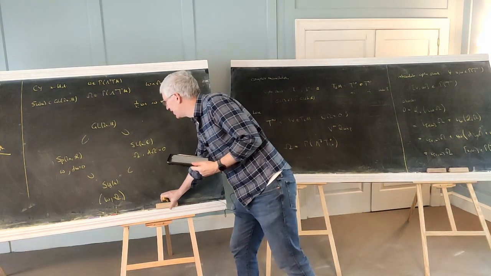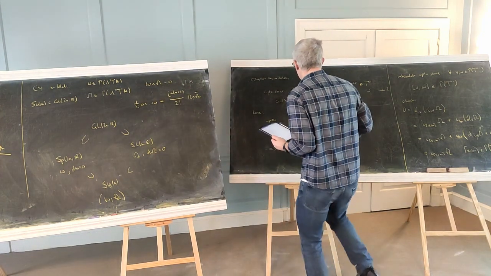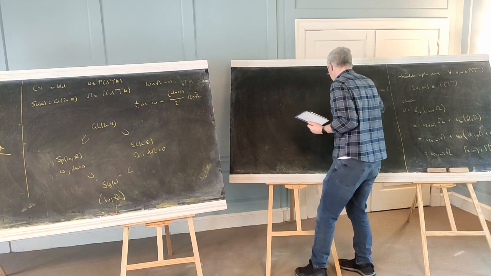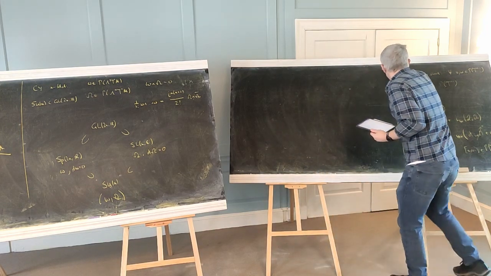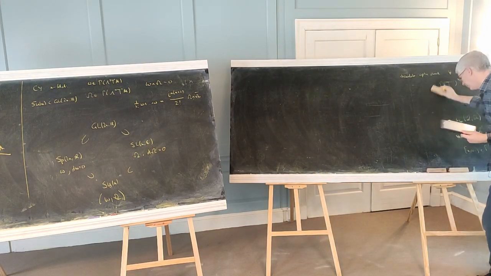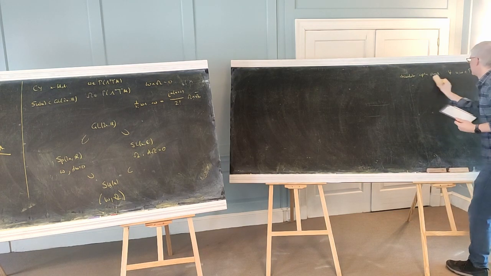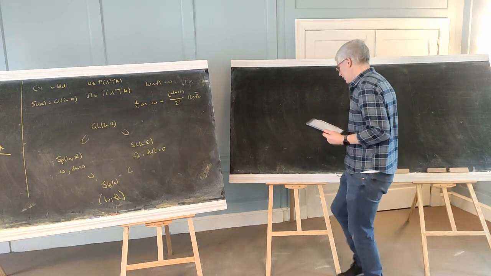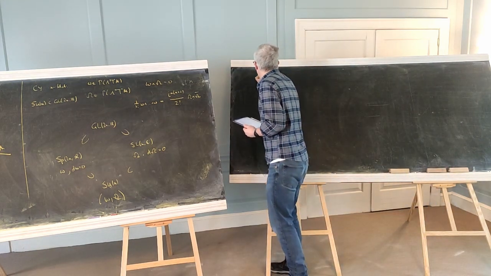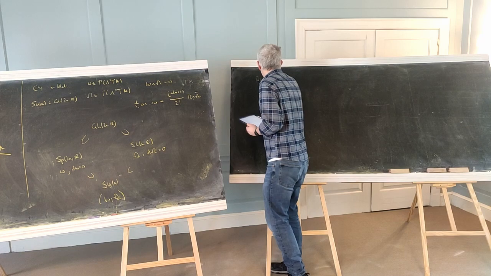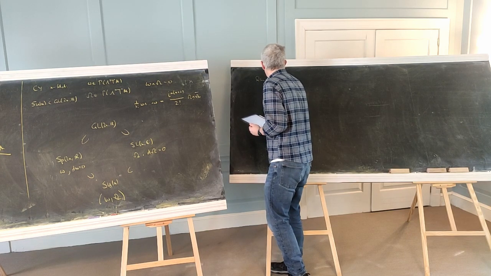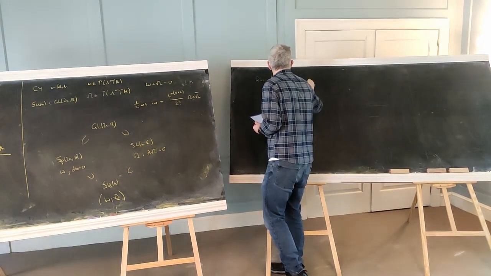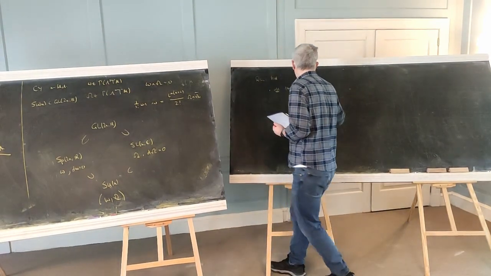Okay, so let's just say something about this Ricci flatness. All the supersymmetric backgrounds are Ricci flat.